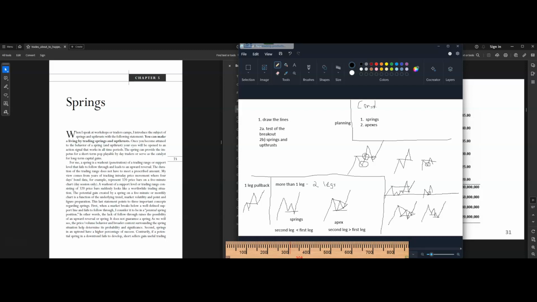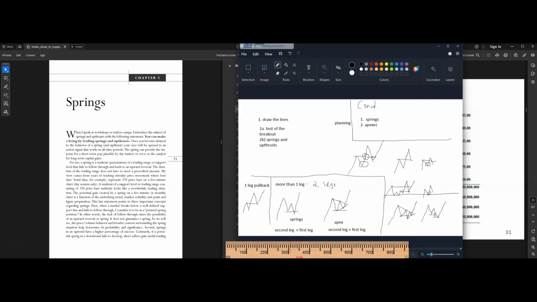One is when you have a 1 leg pullback, and the other is when you have more than 1 leg pullback, and that scenario has 2 sub-scenarios, one of which is a spring, where the low makes a lower low than the prior low, or an apex, where the low makes a higher low than the prior leg. And everything else is a variant of the same thing.